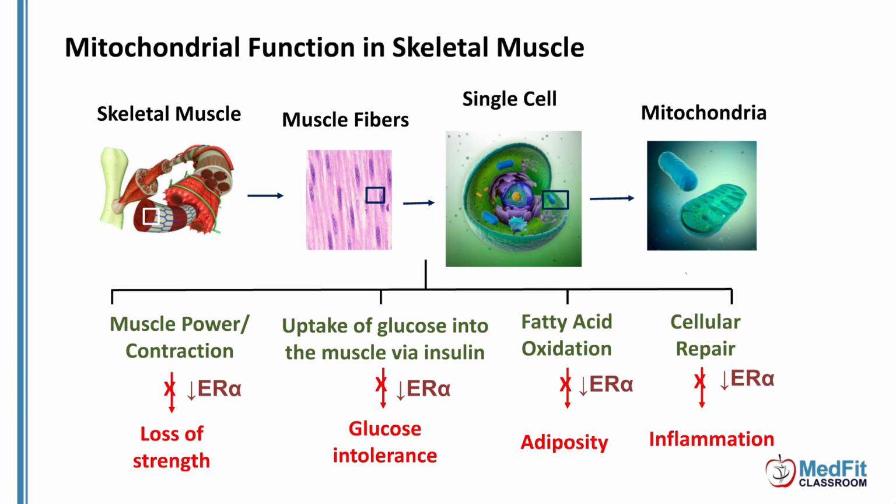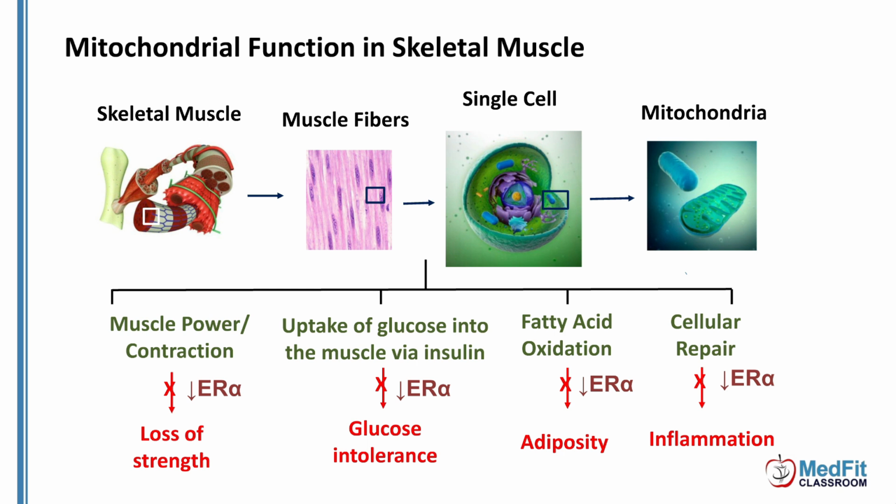Now, if we go down to the green text and go to the left-hand side again, we see muscular functions powered by the mitochondria. This is your strength and endurance. And when estrogen receptor alpha declines, as denoted by the arrows, we see loss of strength.